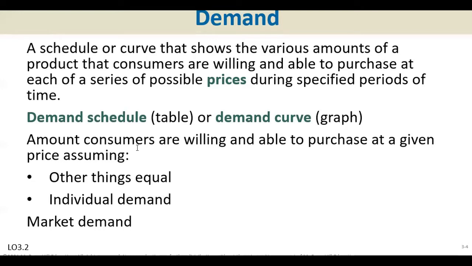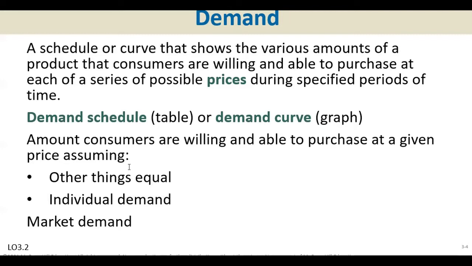The curve is defined as the amount consumers are willing and able to purchase at a given price, assuming other things equal. What we mean by that is, as we're looking at the demand for a particular product, you focus on the variable impacting the quantity demanded for that particular product.